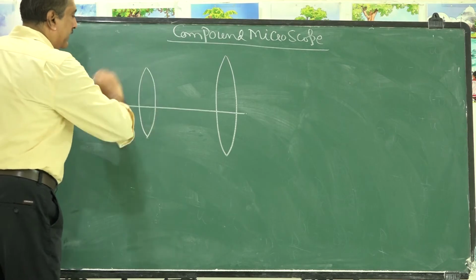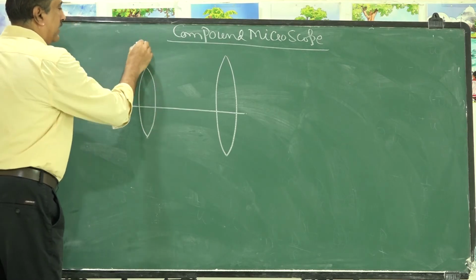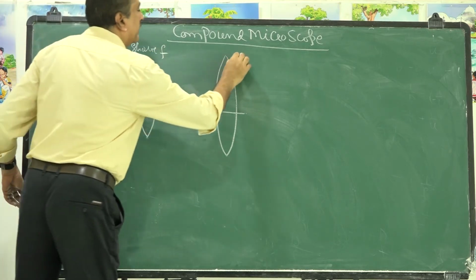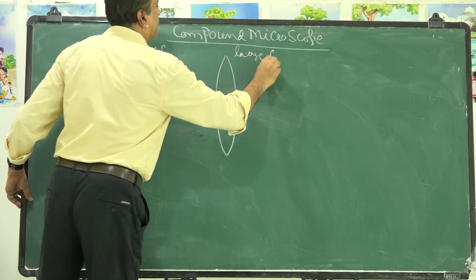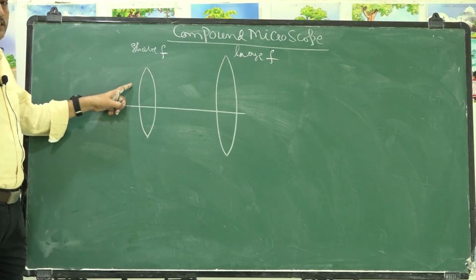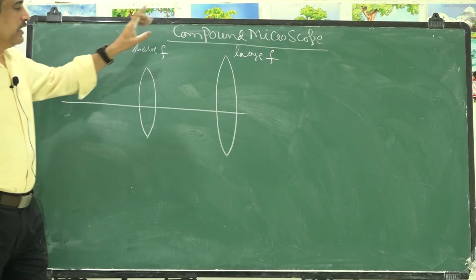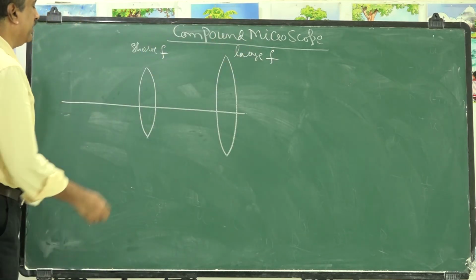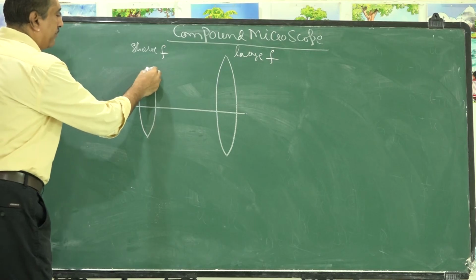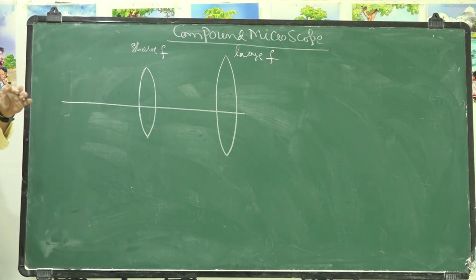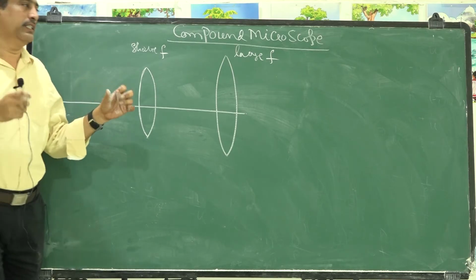And in this, one of the lenses is of shorter focal length and shorter aperture, and the other one is of larger focal length and larger aperture. And these two lenses are held in a cylindrical tube which slides one over the other, just like this.